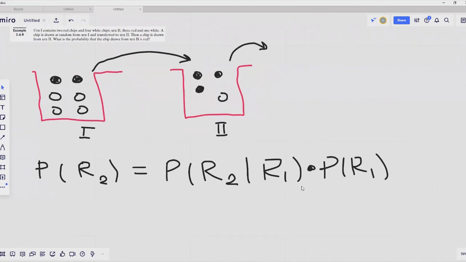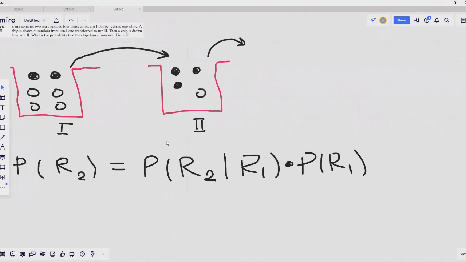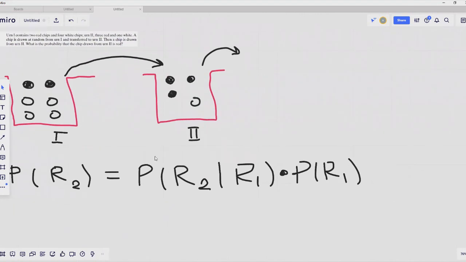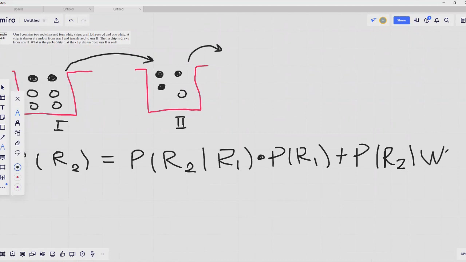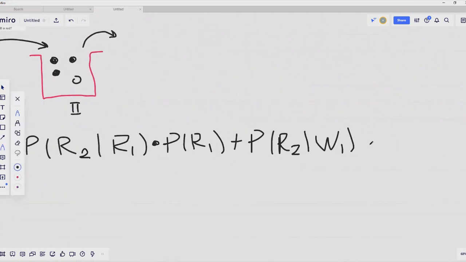By first draw, I mean a draw where we transfer a chip from urn number 1 to urn number 2. And by second draw, we mean our draw from urn number 2, plus the probability of red on the second draw given that we transferred a white chip, so white chip on the first draw, multiplied by the probability of a white chip on the first draw.